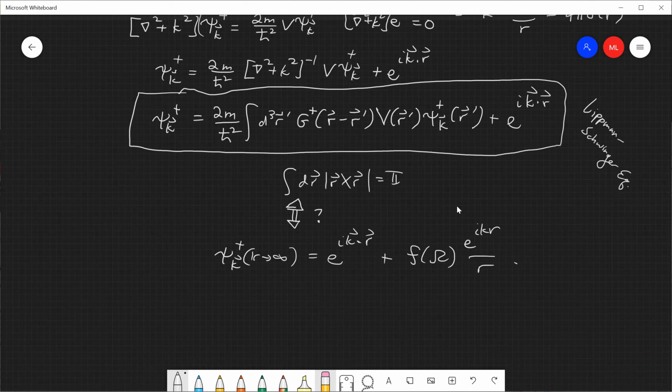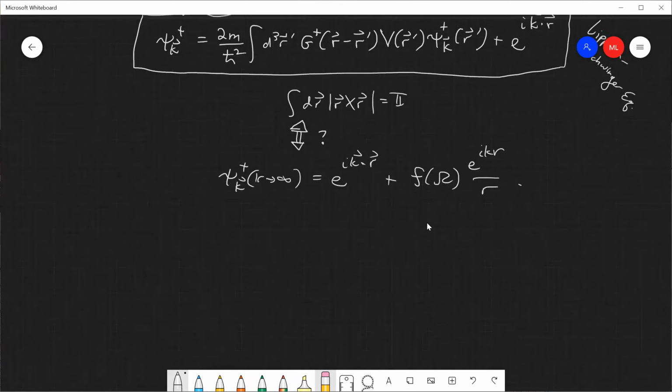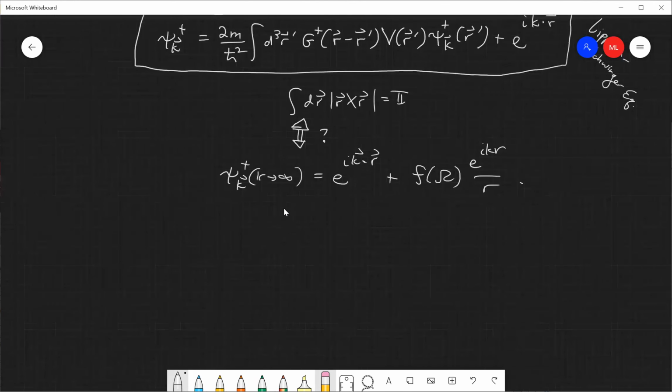So we're going to see if this equation actually has within it something that looks like this, and then we'll be able to identify the scattering amplitude. To do that, you have to figure out what happens at large distances. And so the first thing to do is to look at this Green's function at large distances.